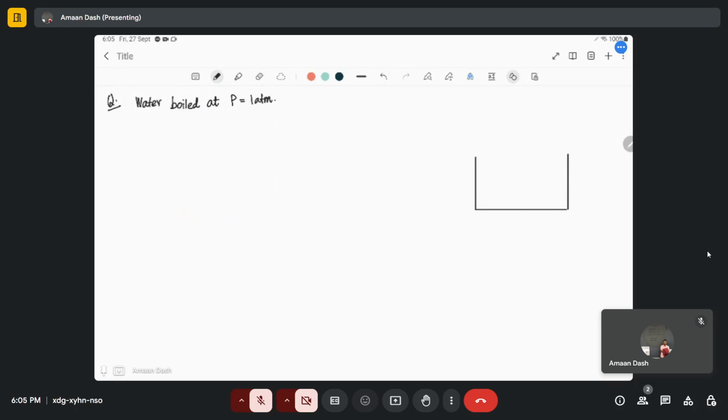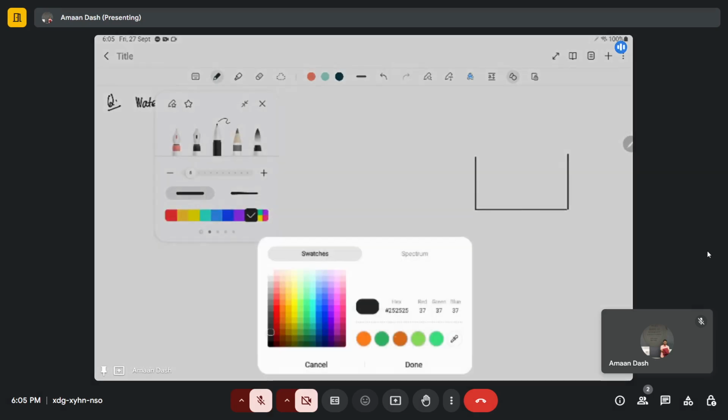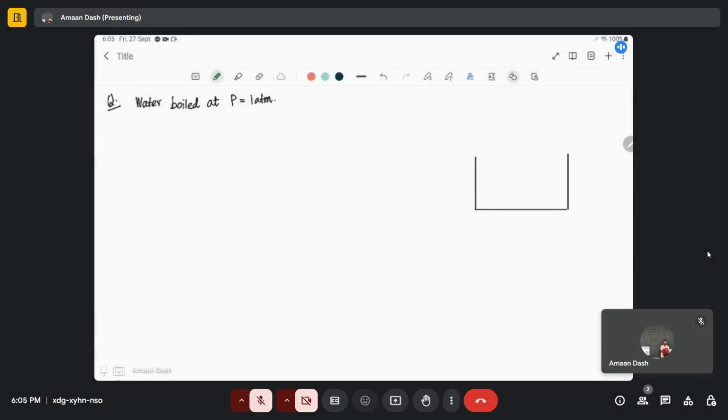In this, we have one heating element which is attached something like this. Let me draw one more.